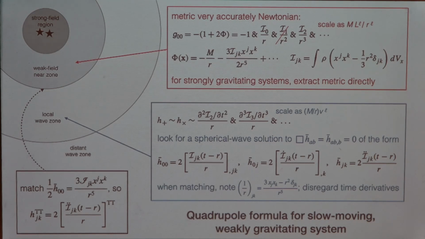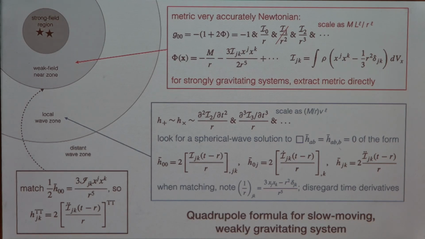If you have a strongly gravitating system, where it's not just masses that are moving anymore, there's significant gravity and so on that affects the potential here, then you have to write your potential out here and extract the metric directly by matching with the same principle. So you will not get that, because it's not just matter, but you can use the same principle to do that.